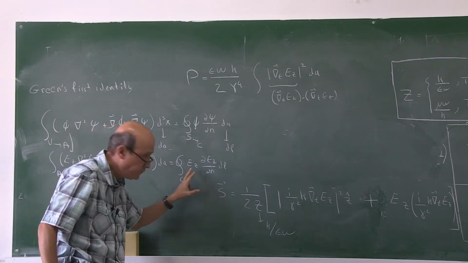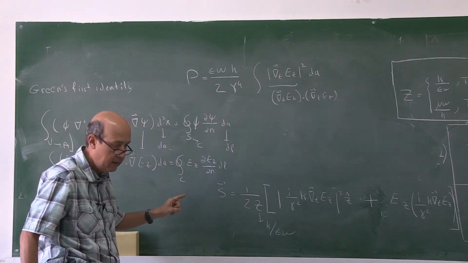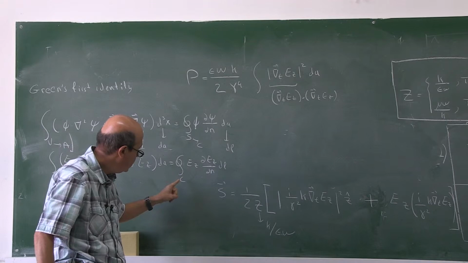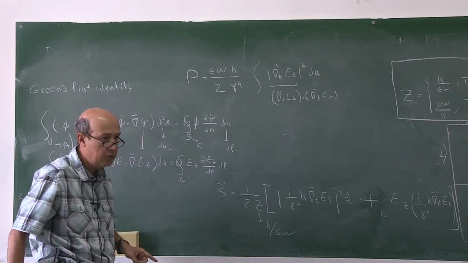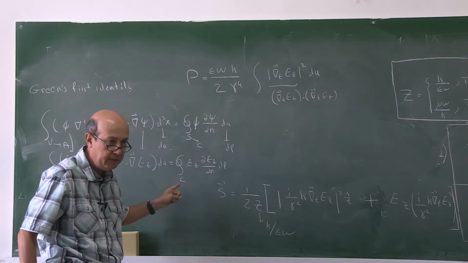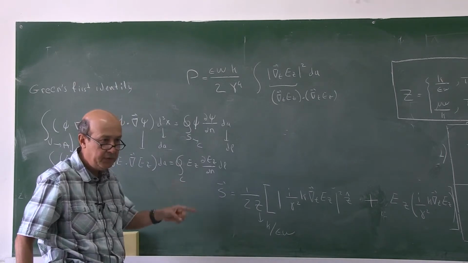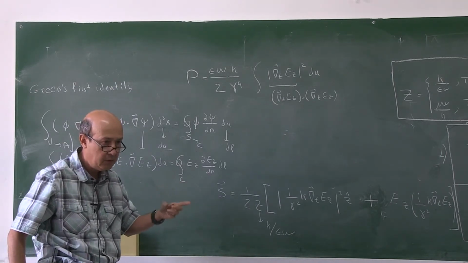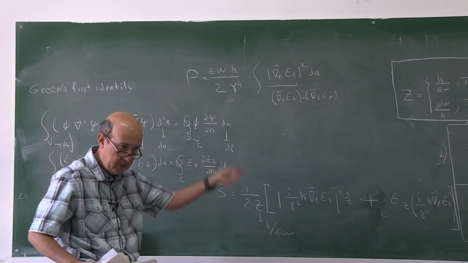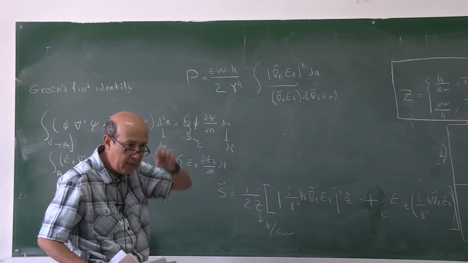And for the right-hand side, what is the value of Ez at the contour? What is the meaning of the contour? If you think about the waveguides, where is the contour? Yes, a line on the surface.